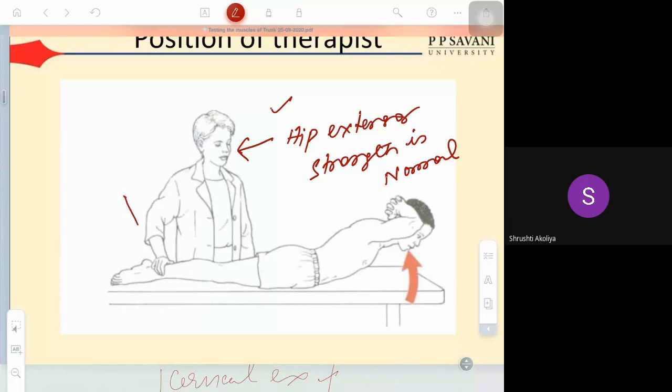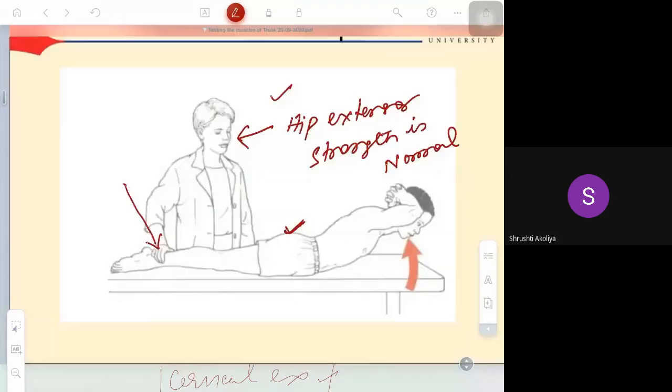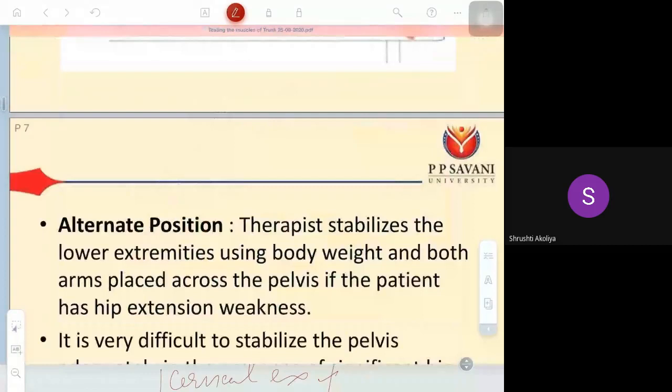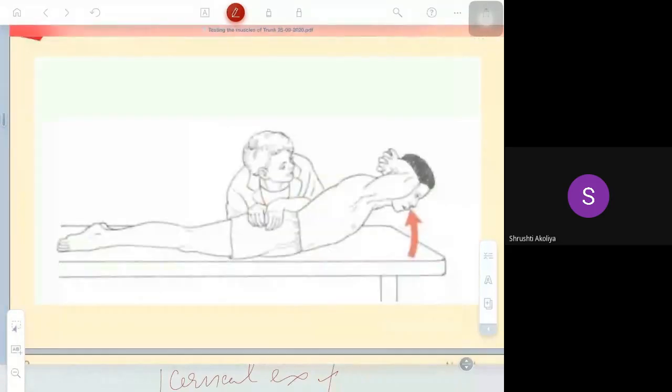He will stabilize the ankle if hip extensors are normal. So what is the alternate position if hip extensor is weak? If hip extensor is weak, this is the alternate position for therapist. Clear? Now he is stabilizing the pelvis.